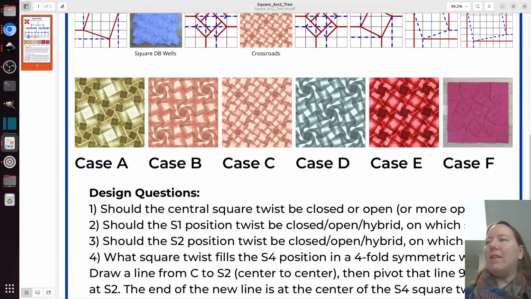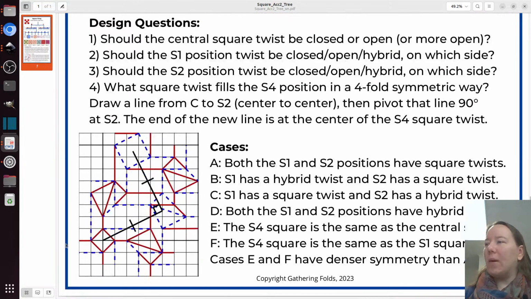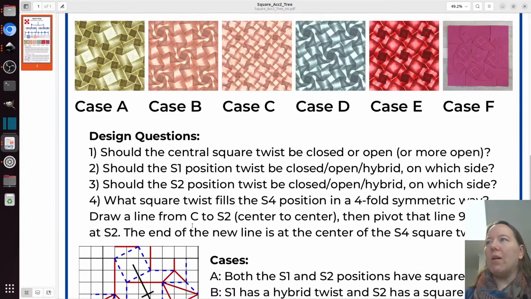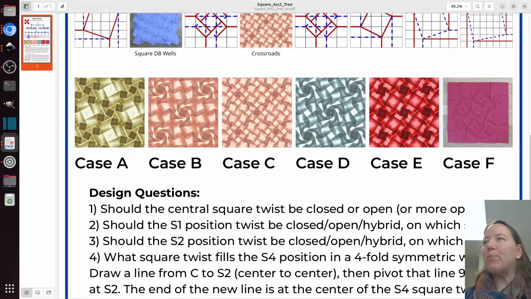And then case D, starting around the center here, is looking like case B, but that third choice here is a hybrid twist instead of a regular square. And that actually is the crease pattern that I have demonstrated here. The pattern is called lily pads.